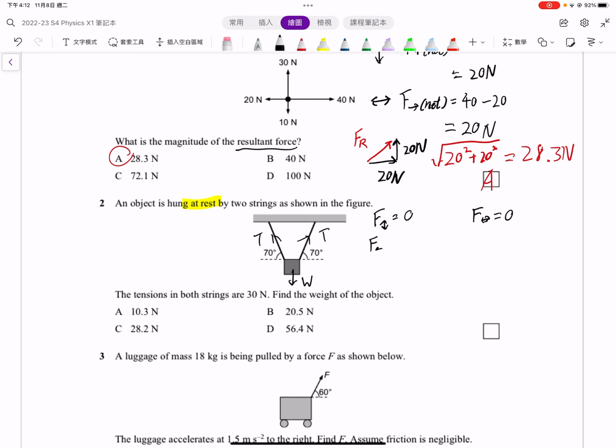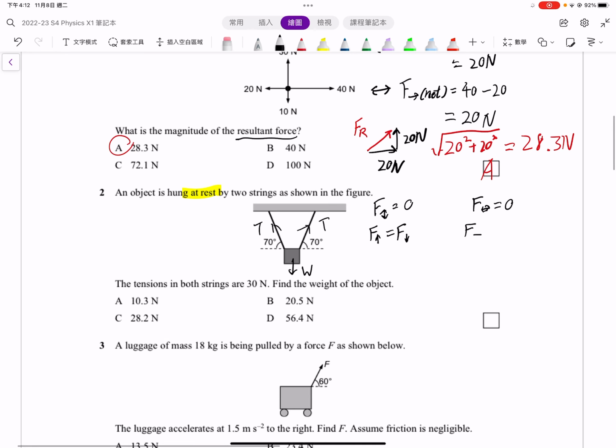So the upward equals the downward, and to the left equals to the right. The force pointing upward would be 2T times sine 70 degrees equals the weight. And the force to the left is T cosine 70 degrees.